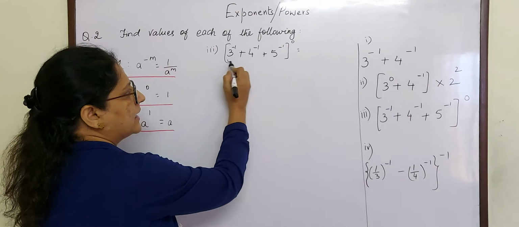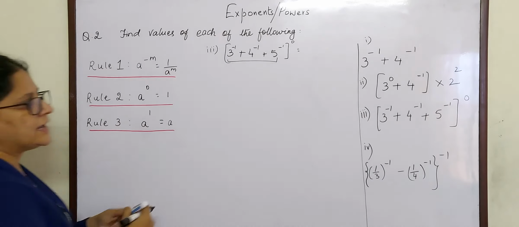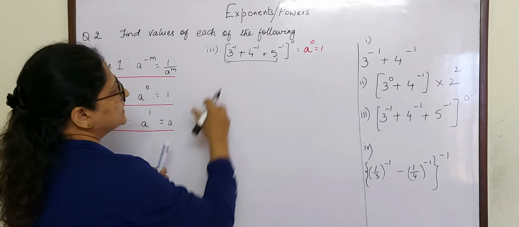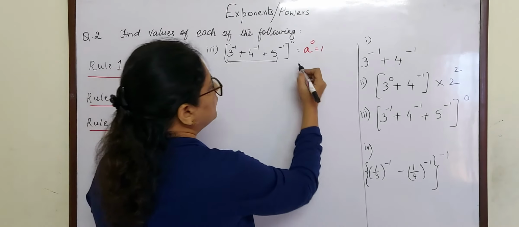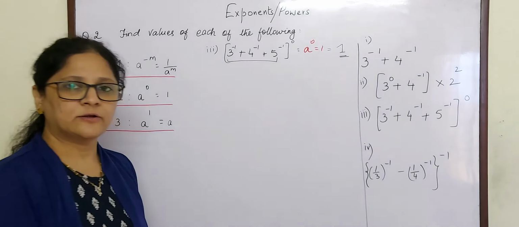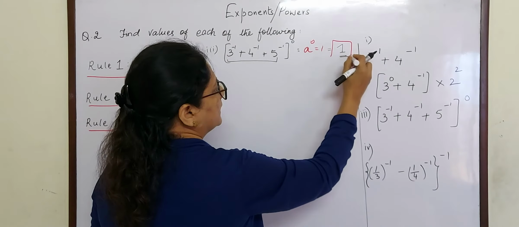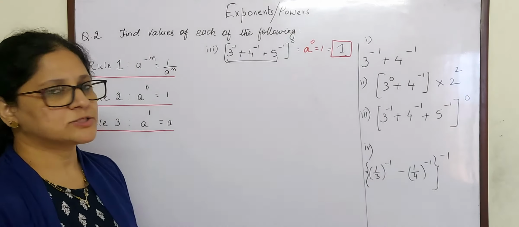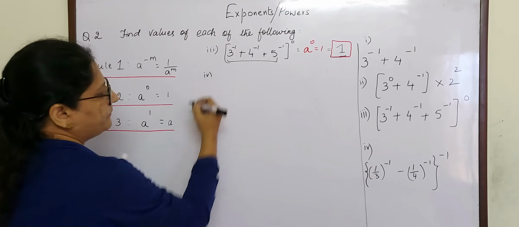And any number raised to 0 is, what does the rule say? A raised to 0 equals 1. So the whole thing raised to 0 will give you only one answer, and that is 1. So no need of solving. This is just a 1 mark question which you can attempt in an MCQ also. So the whole question raised to 0 is 1. So let us go to the last sum.